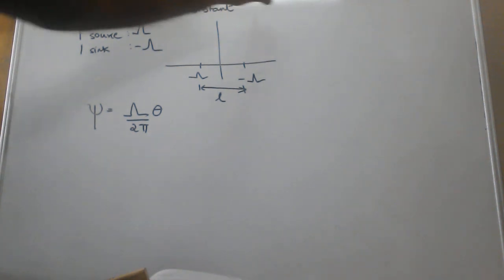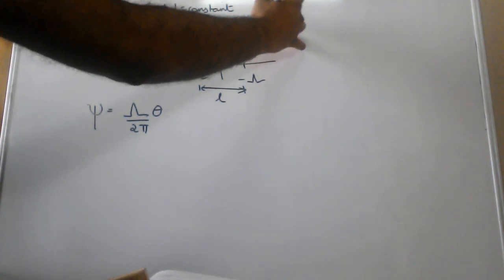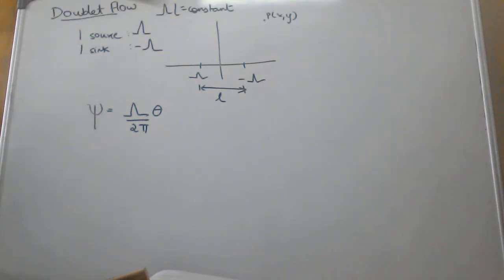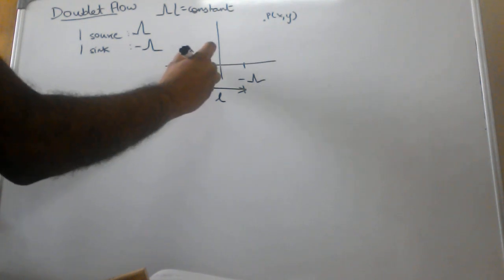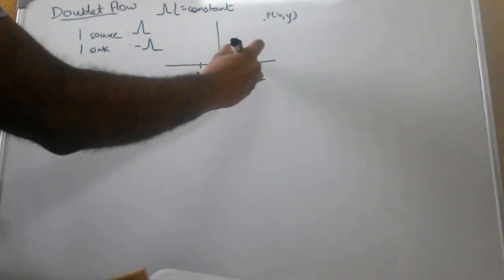So if I have a point xy in the flow field, then the stream function at this point is going to be dictated by the sum of stream function due to the source plus the stream function due to the sink.